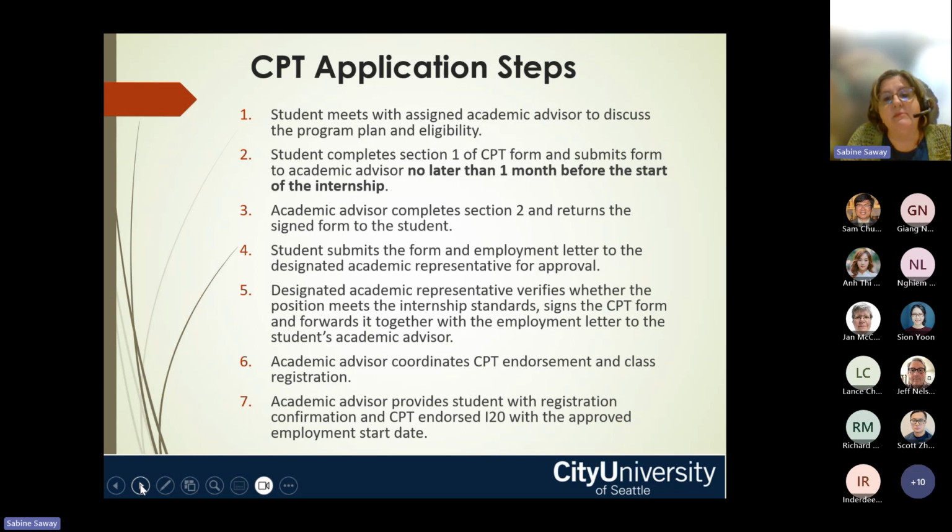The academic advisor coordinates the CPT endorsement on the Form I-20 and also the class setup and registration. Once the process is completed, the academic advisor provides the student with a Form I-20 that has an endorsement on page 2, which confirms that the student is eligible to work.